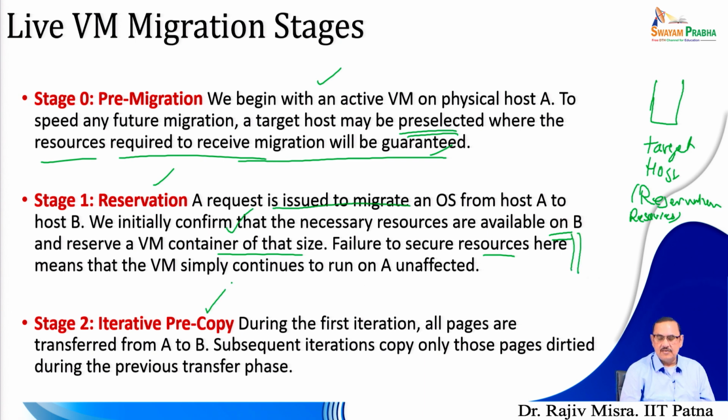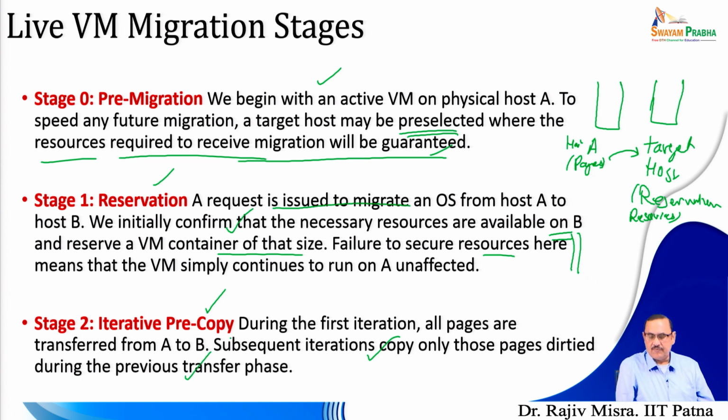Now stage 2 will come, that is called iterative pre-copy. During the first iteration all the pages are transferred from host A to host B, and subsequent iterations copy only those pages which are dirty during the previous transfer phase.